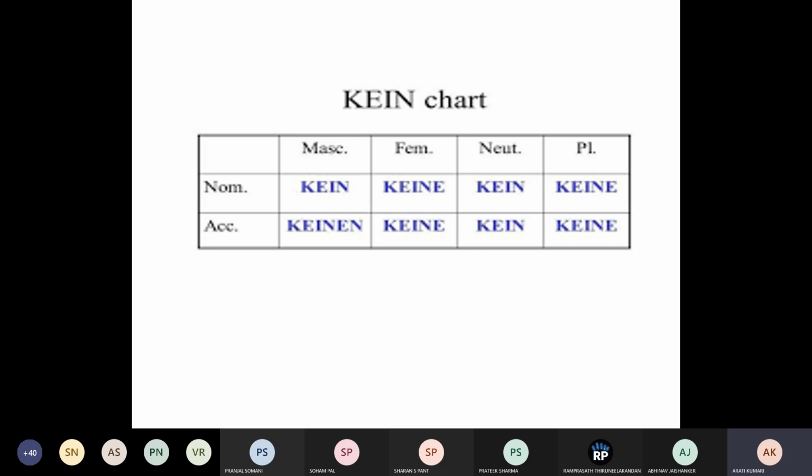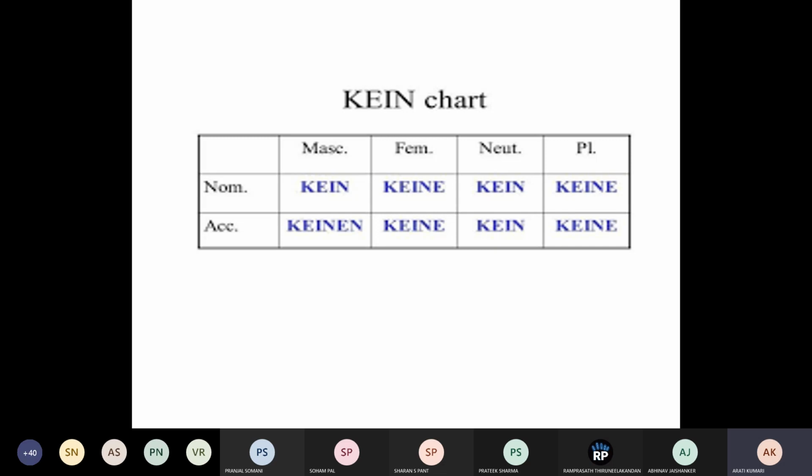Now we go to the unbestimmte article, the indefinite article. So masculine, what happens? It will become ein Mann. Feminine, it will become eine Frau. Neutral becomes ein Kind.